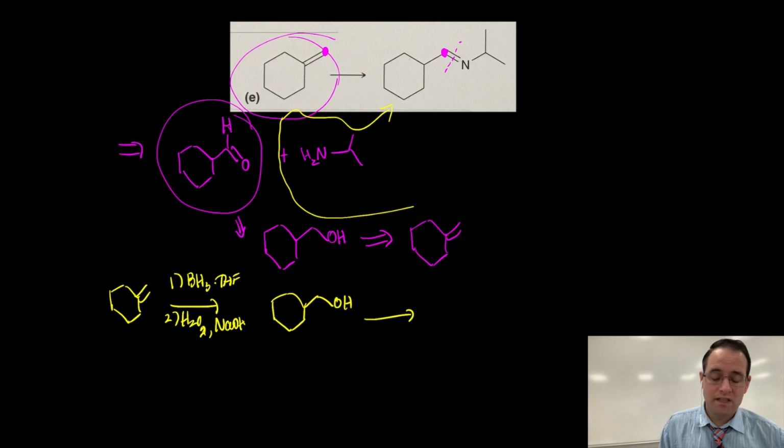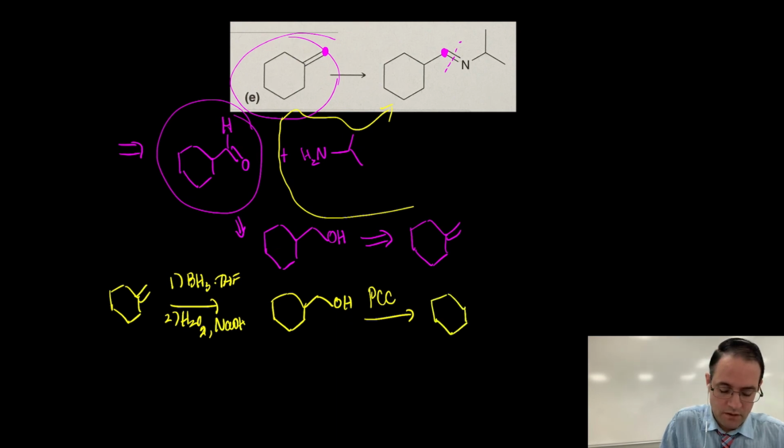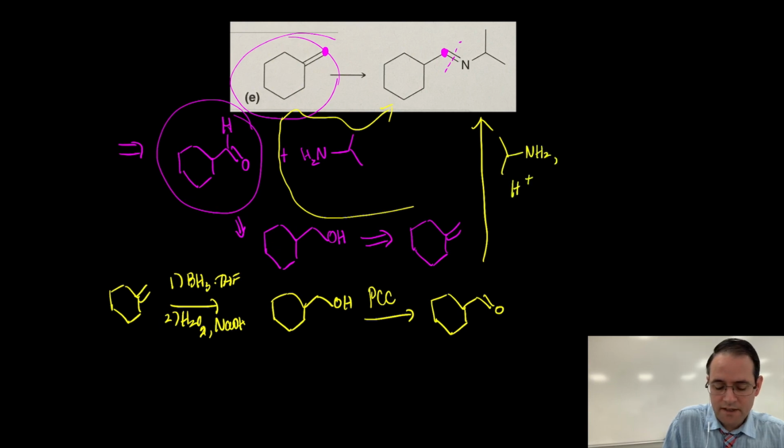Alcohols can only be converted to aldehydes using PCC. If you use Jones, you'll get the carboxylic acid, so don't use Jones. Once we have our aldehyde, then we can treat this with isopropylamine and a drop of acid as the catalyst. Okay? So that was much shorter, 3 steps.